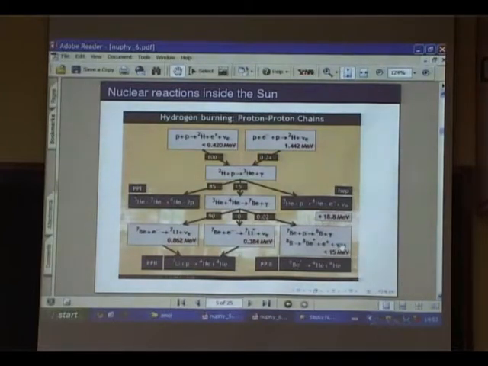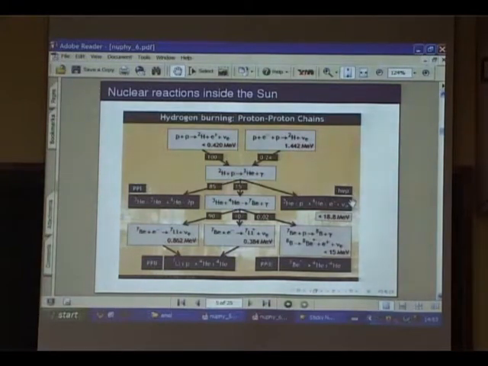So notice that in all these processes, neutrinos are emitted from many sources. These are called pp neutrinos. These are pep neutrinos. Then these are beryllium neutrinos. These are also beryllium neutrinos. These are called boron neutrinos. And these are called HEP neutrinos.